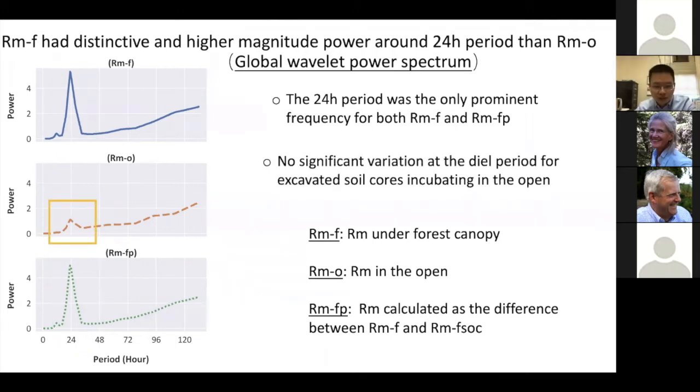And second, I found no signal variation at the diel period for the soil RM in the open, which indicates that soil RM in the forest and in the open has different carbon sources.